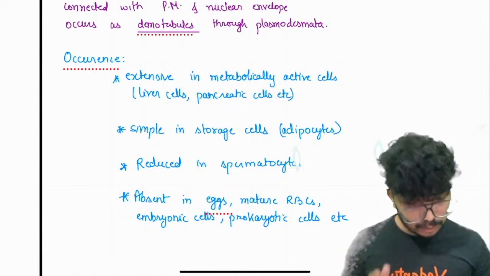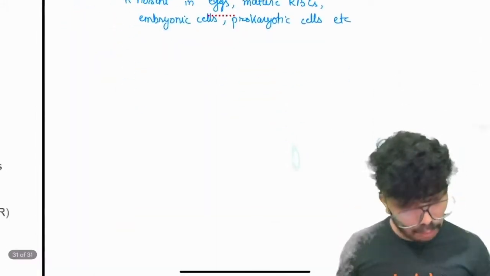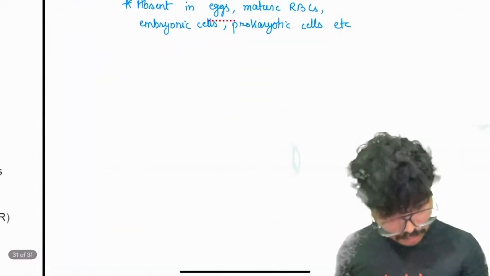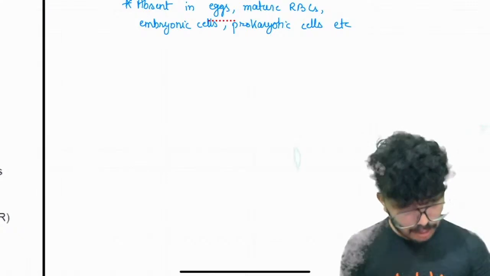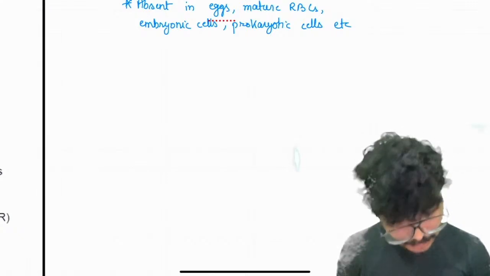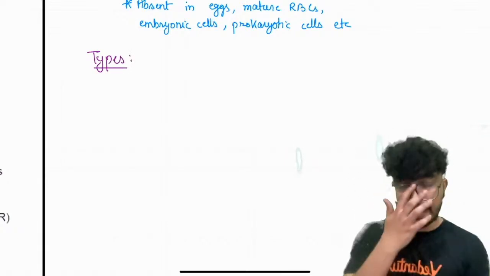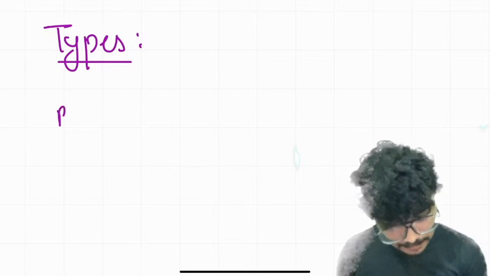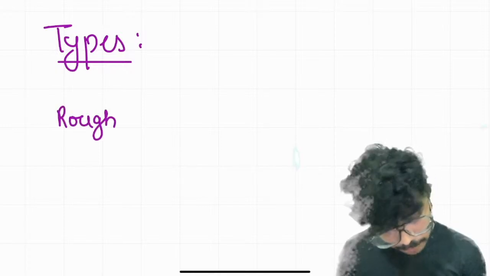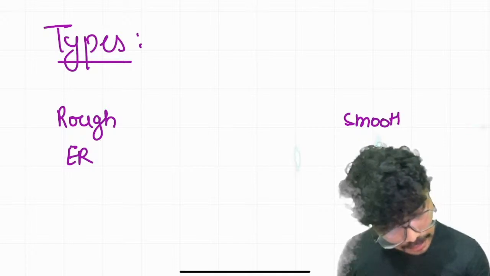Now we are done with occurrence. Then comes the types of endoplasmic reticulum, and here also we will talk about the function. Types of ER, two types, RER and SER: rough endoplasmic reticulum and smooth endoplasmic reticulum.